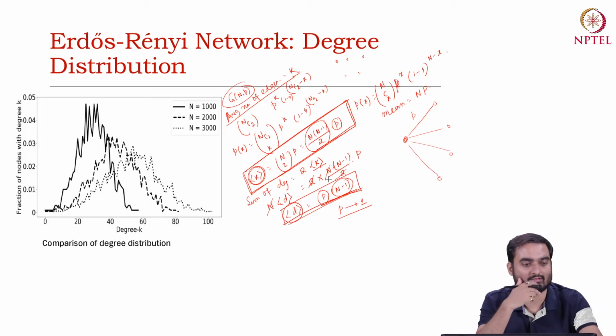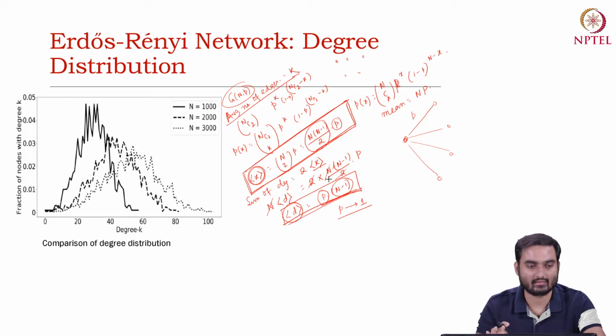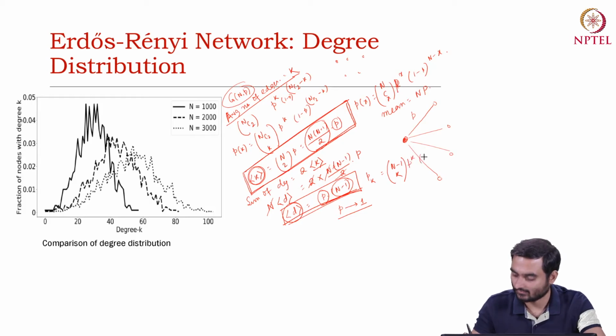Now if you look at the degree distribution, we will follow the same thing. For every node we have n minus 1 possible cases, and let us say the degree is k. We basically want to understand P(k), the probability of a node having degree k, which is essentially (n minus 1 choose k) p to the power k (1 minus p) to the power (n minus 1 minus k).